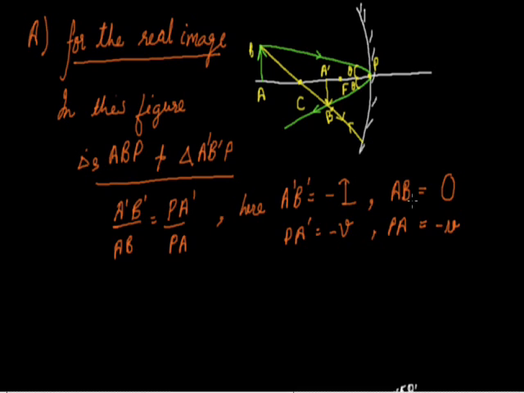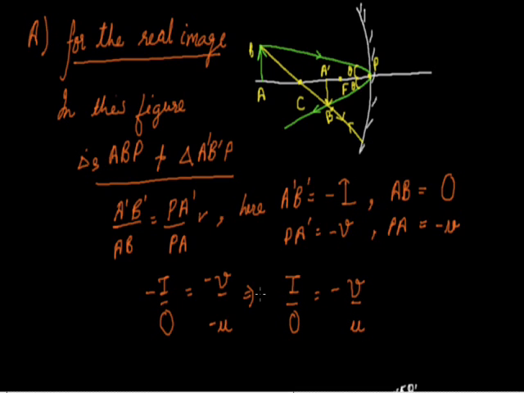When we put these four values in this relationship, we get the ratio minus I by O is equal to minus v upon minus u. If we further simplify this relationship, we get I by O is equal to minus v upon u.